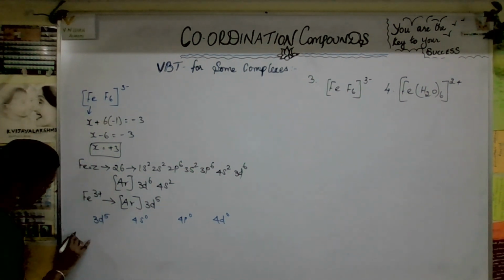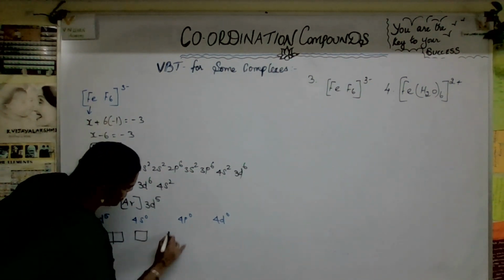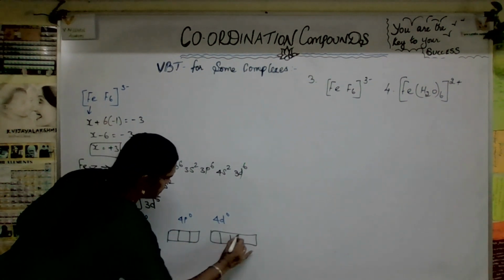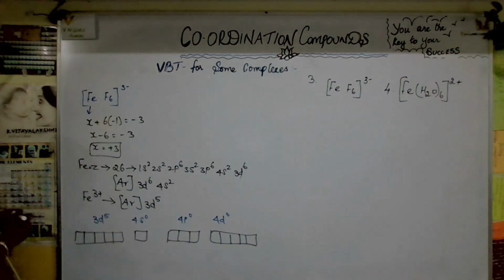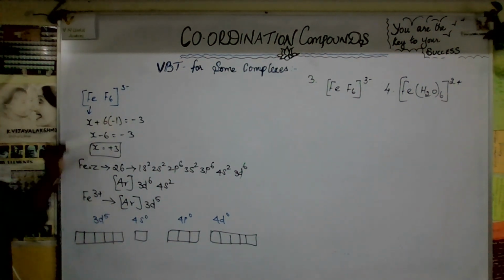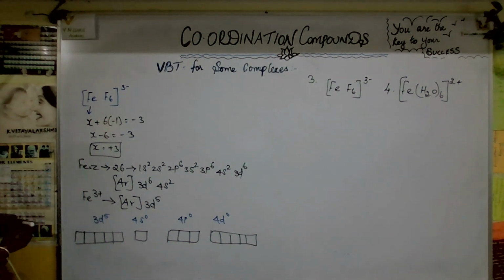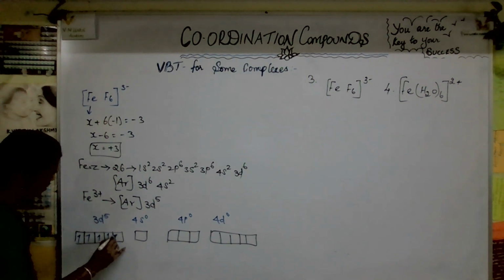Now here 1, 2, 3, 4 and 5. Here 1 room, here 3, and here 5. Now, can this pair up or not? F minus, so naturally it cannot pair up. So here one electron for each room, right?